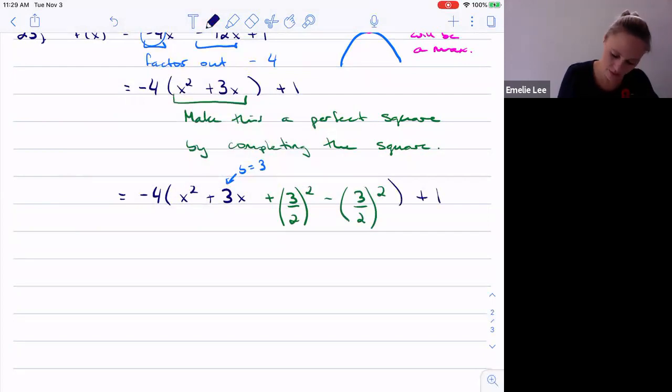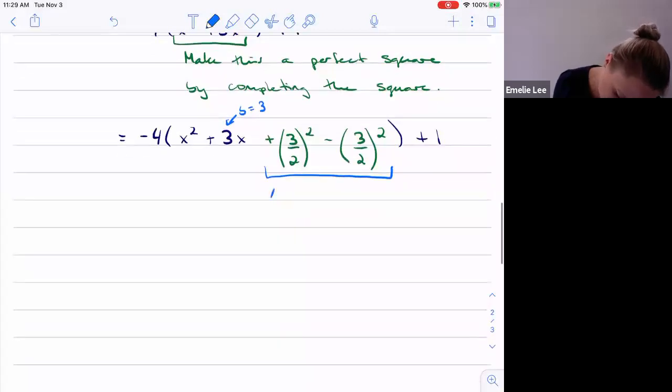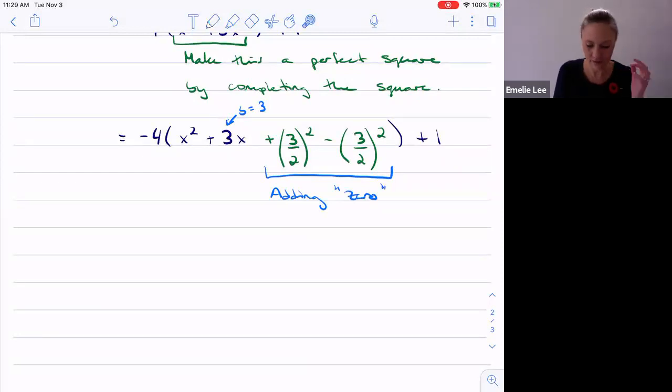Don't forget about that +1 on the end. Okay, so here, now I'm adding 0, right? If this is a number and I'm subtracting the same number, I'm technically adding 0.